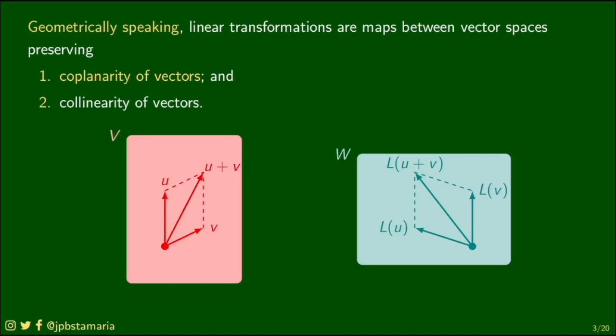they have the sum u plus v inside V. Of course, this vector u will be transported to W using L, and its image will be L of u.